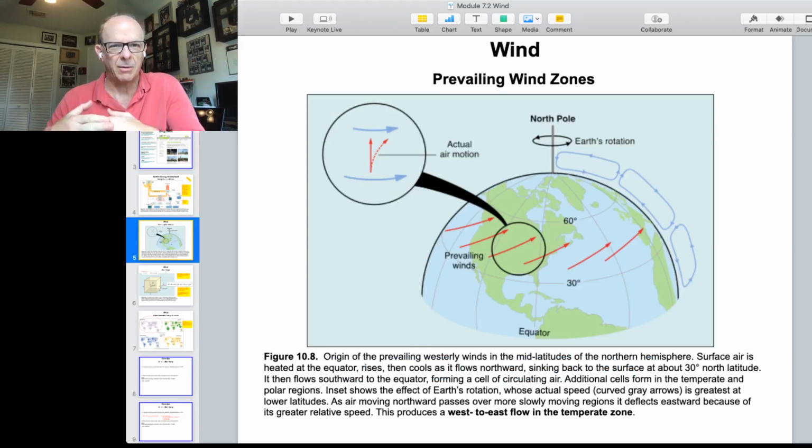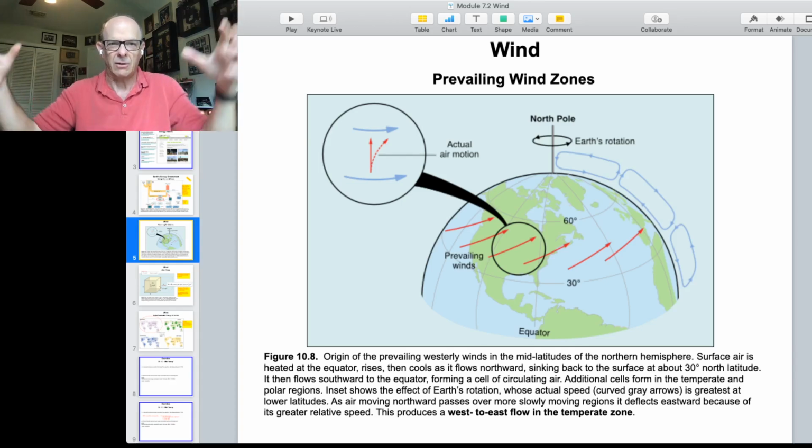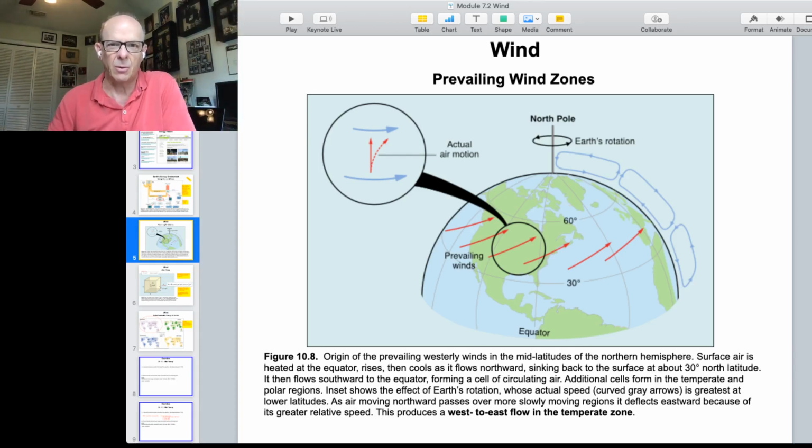As it warms up through conduction, it heats the air next to it. That air then expands because it's warmer, and that expanded air is less dense than the surrounding air, and so it is buoyant and rises. And that ultimately is what drives all of the wind currents.